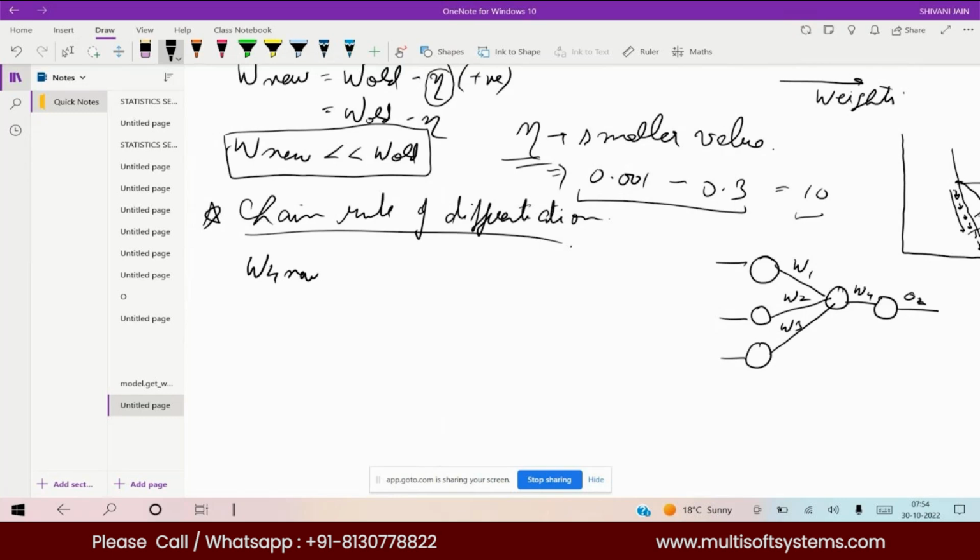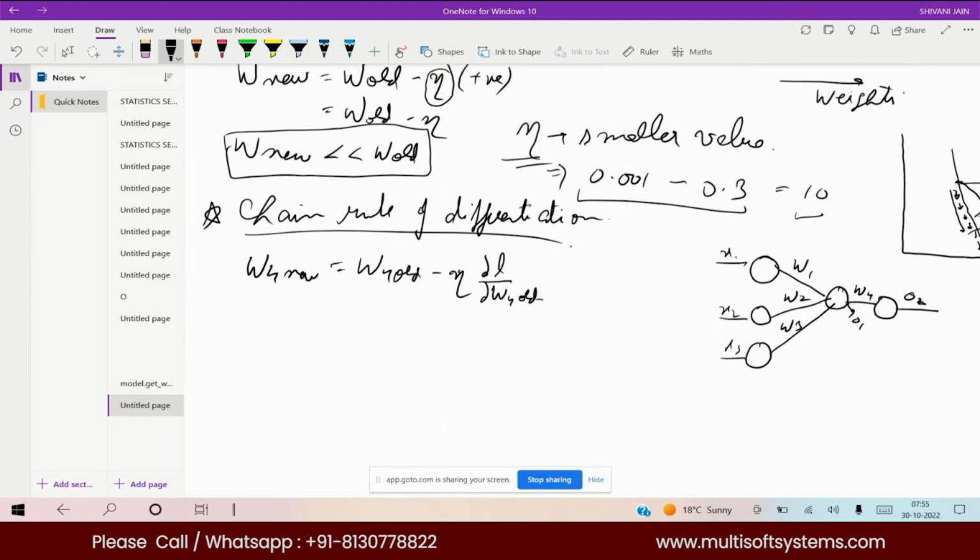The output coming from this one is O1. This is my neural network, and here are X1, X2, X3. After first forward propagation, I want to update W4. So my formula will be W4 new is equal to W4 old minus eta of derivative of loss divided by derivative of W4 old.